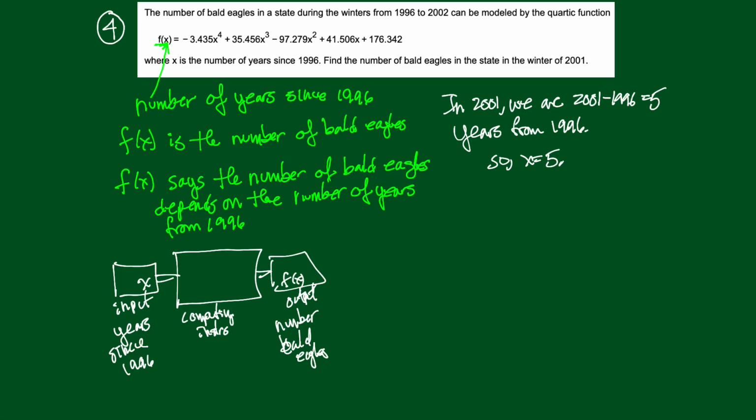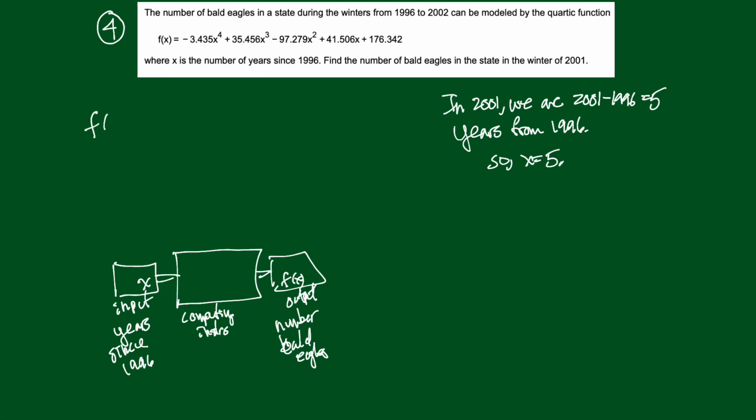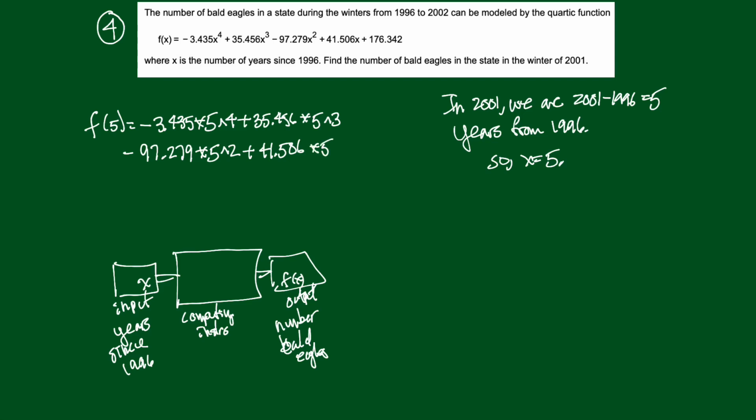So let me get some room here, and let's get our calculators going. We're going to have f of 5 is equal to negative 3.435 times 5 to the 4th plus 35.456 times 5 to the 3rd minus 97.279 times 5 squared plus 41.506 times 5 plus 176.342.